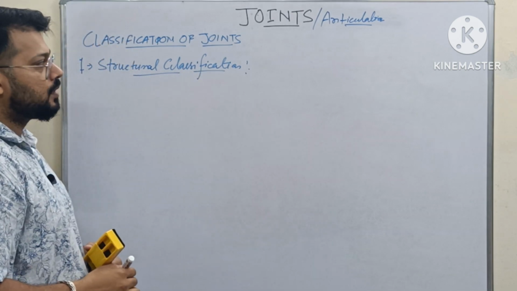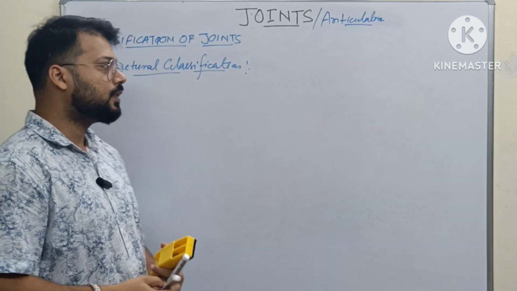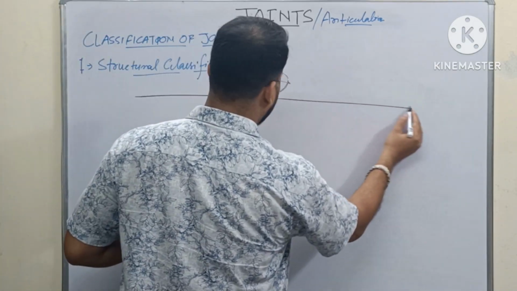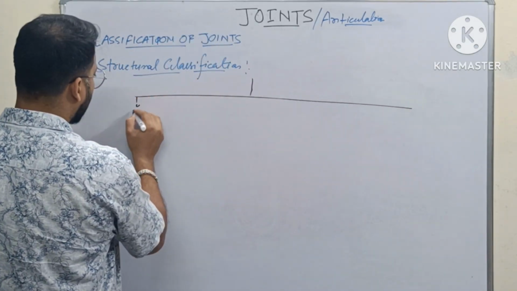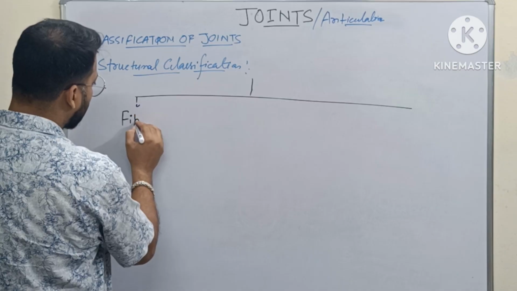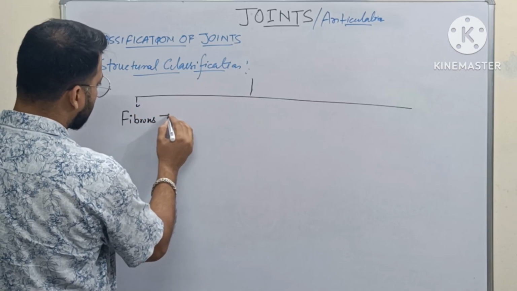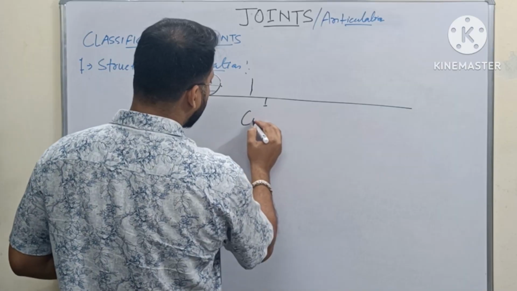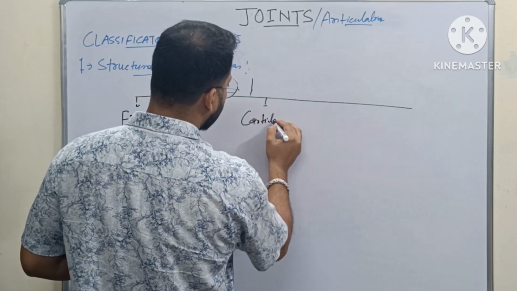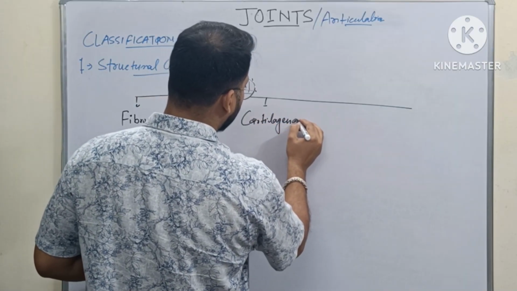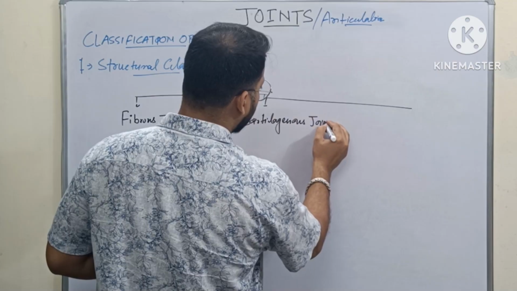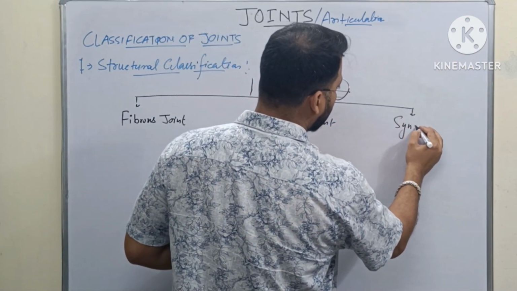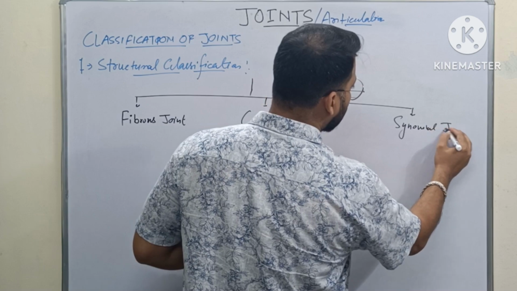On this basis, the joints are classified into three categories. First is fibrous joint. Second is cartilaginous joint. And third is synovial joint.